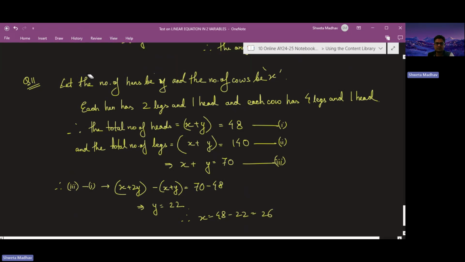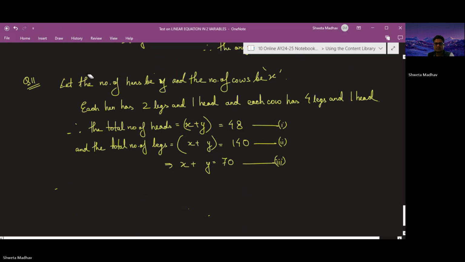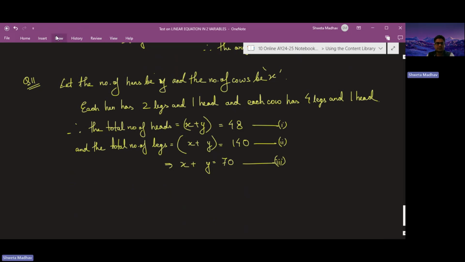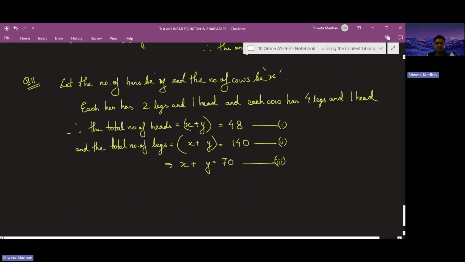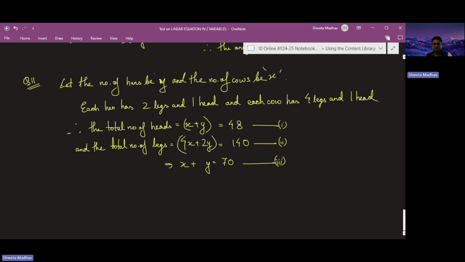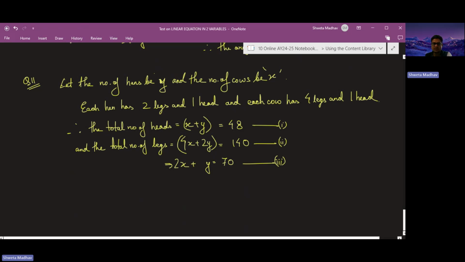Since each hen has two legs, the number of legs for hens will be 2y, and the number of legs for x cows will be 4x. So 4x plus 2y is equal to 140. So we will have 2x plus y equal to 70. Now we can subtract equation 1 from equation 3.